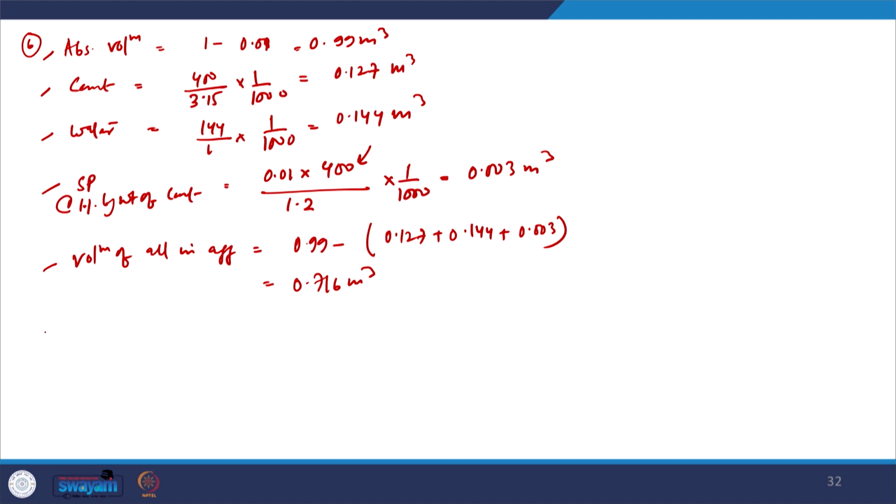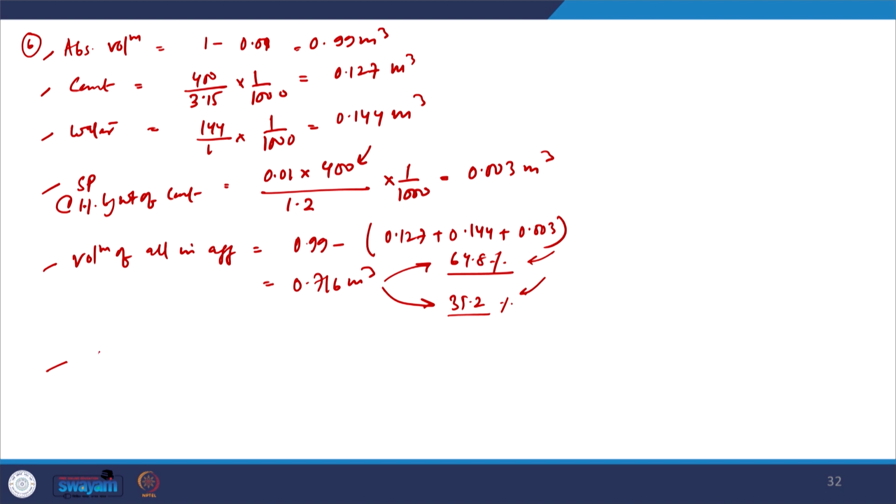Okay. Now, a part of this volume will be occupied by the coarse aggregate. So, 64.8% of this volume belongs to the coarse aggregate, whereas 35.2% of this volume belongs to the fine aggregate. So, now we have to calculate the weight of the coarse aggregate and fine aggregate using these proportions, because we know the specific gravity of coarse aggregate and fine aggregate.